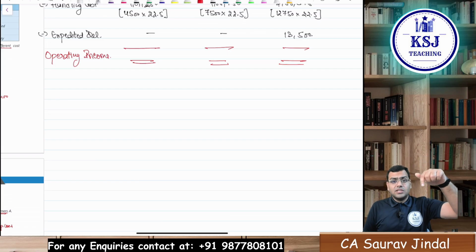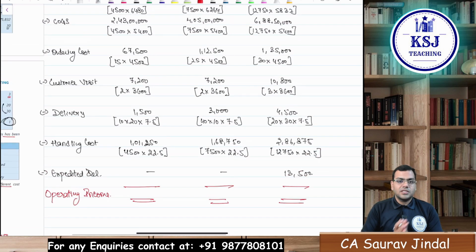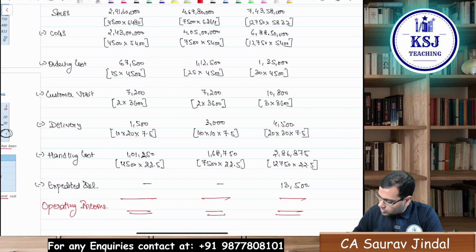So operating income basically is what? Sales minus COGS, gross profit minus all the operating cost. All the operating cost is what? The operating cost in this case is ordering cost, customer visit, deliveries, product handling cost, expedited, all that is related to your operations, all that is related to the selling of the product. Right, okay, let's try to calculate it. 2 crore 91 lakh 60,000 minus 2 crore 43 lakh minus 67,500 minus 7,200 minus 1,500 minus 1 lakh 1,250.